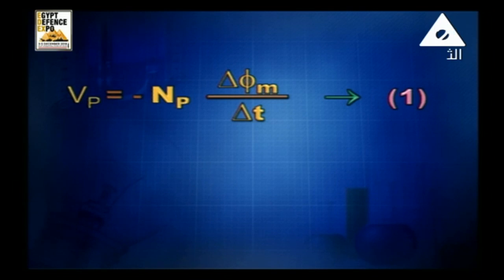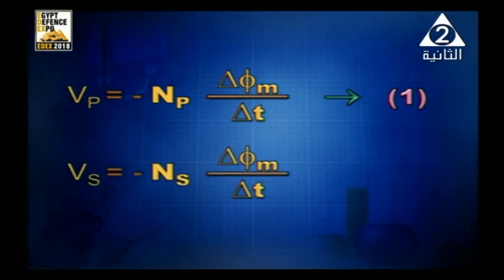This is Faraday's law. The EMF induced in the primary is equal to the number of turns of the primary coil times the rate of change of the magnetic flux through this coil.